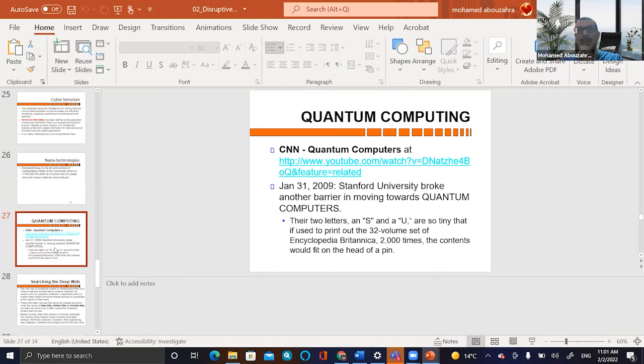But what I want you to know is quantum computing uses the features or properties of subatomic particles to improve the performance of computers by millions of times. So it's expected that a small computer like the PC I'm on right now will work like a supercomputer, like a huge computer, within 10 years.